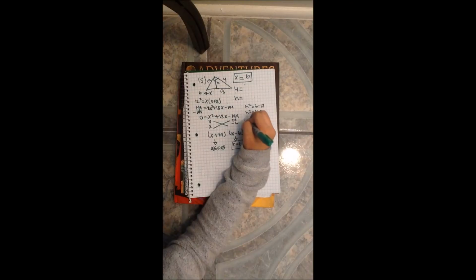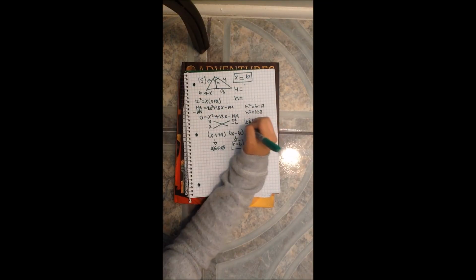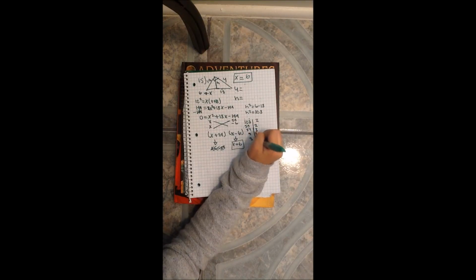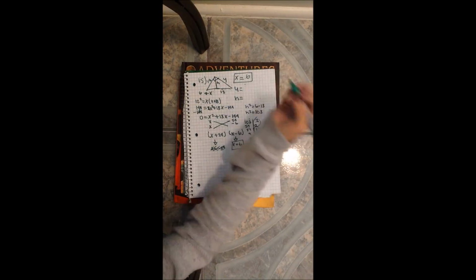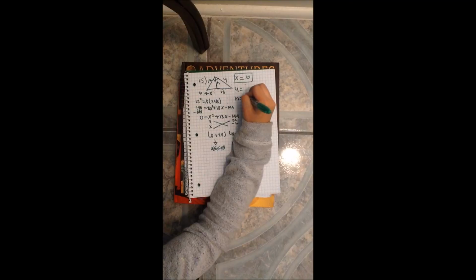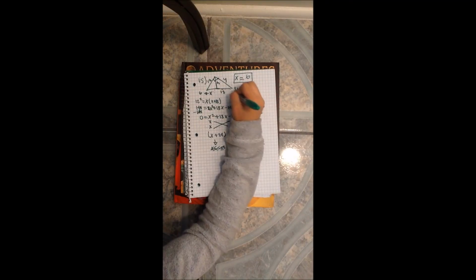So 108 divided by 2 is 54, divided by 2 is 27, divided by 3 is 9, divided by 3 is 3, divided by 3 is 1. So I have one pair of 2 and one pair of 3, so 3 times 2 is 6, and then I already have one 3, and this would equal h. So h is equal to 6 square root of 3.